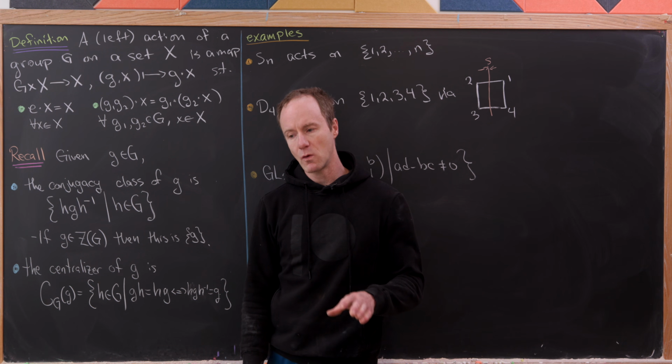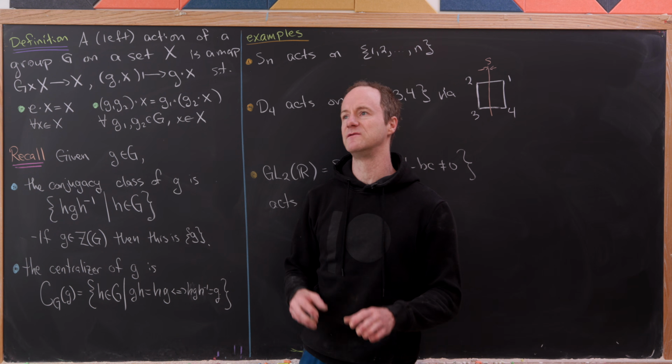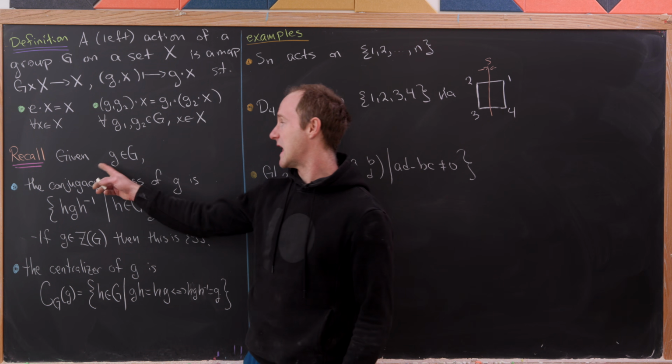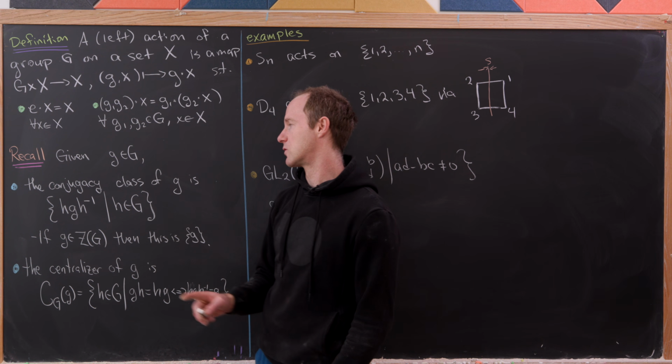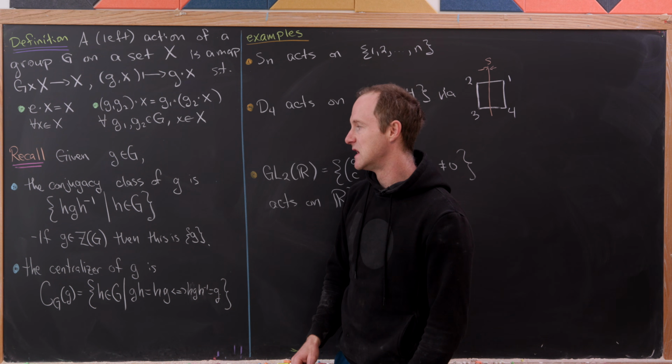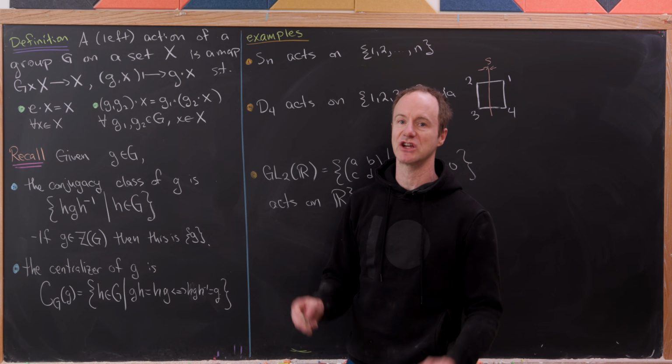And then, in order to really talk about group actions, I'd like to recall a couple of definitions that you've maybe seen before. Given any element g from a group, the conjugacy class of g is simply all, for lack of a better term, conjugate multiples of g.